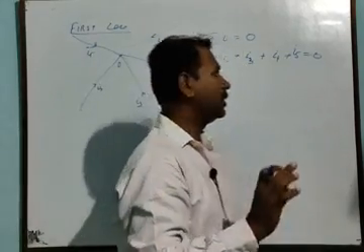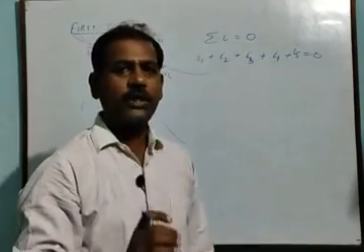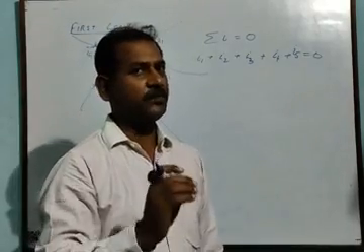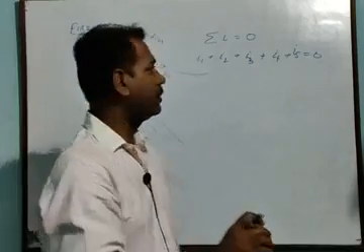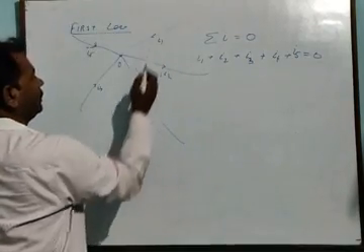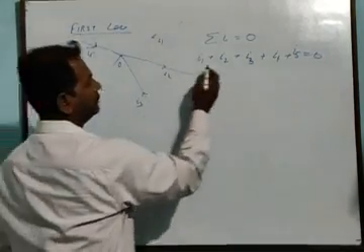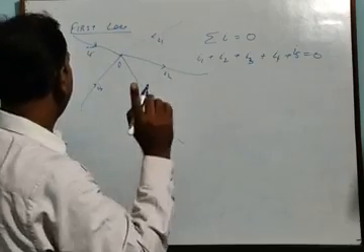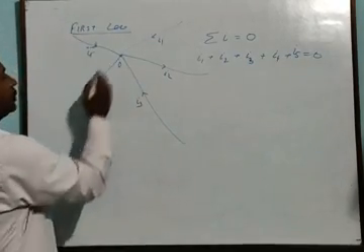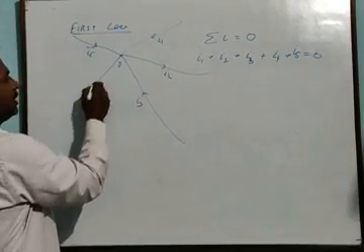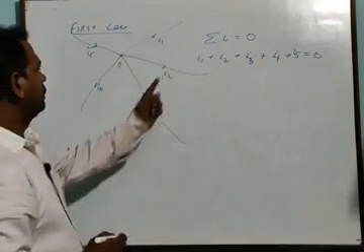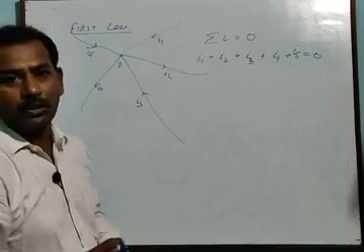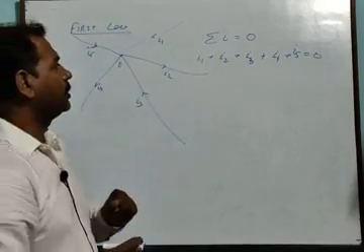Whichever you can take. Generally, incoming current is taken as positive, and that's why we will take a positive sign for I1, I3 and I5. I2 and I4 will be leaving currents, and 3 will be incoming currents.